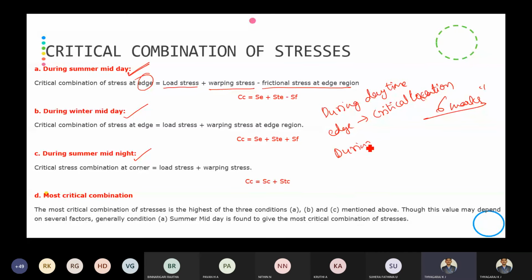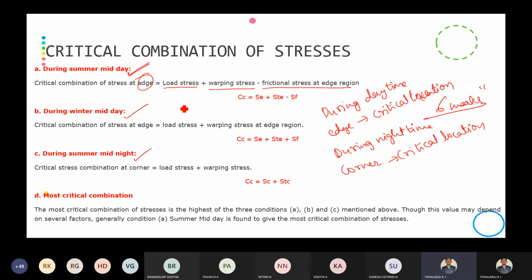During night time, the corner will be considered as the critical location. So remember, during daytime, the critical location of the stresses will be the edge. During night time, the corner is susceptible as the critical location. The corner is considered as the critical location during the night time, and during the daytime, the edge of the cement concrete pavement is considered as the critical location.